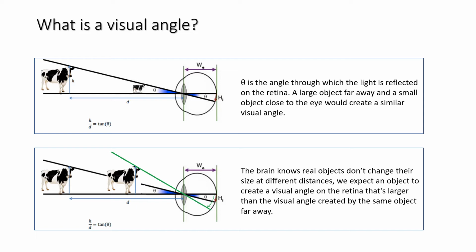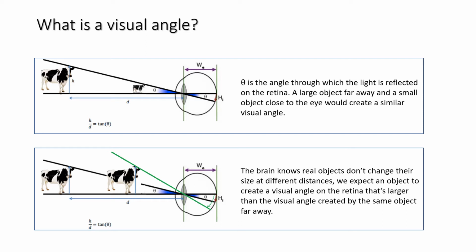Both cows are actually the same size, but are inside the same visual angle, so either our brain has to interpret that a weird tiny cow is really close to us, or that a regular sized cow is actually farther away in order to be in the same visual angle.